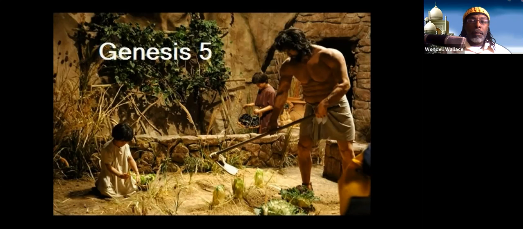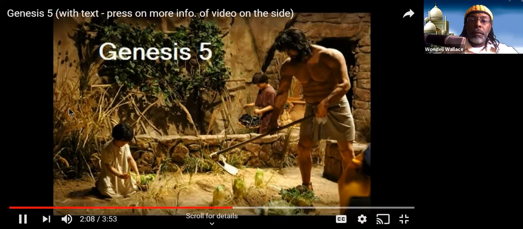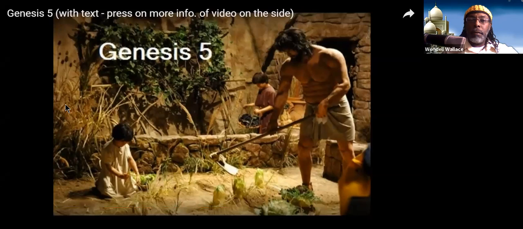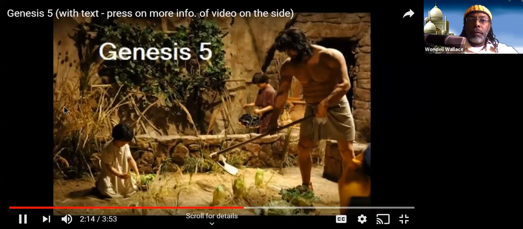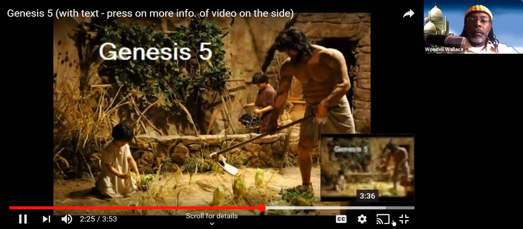When Jared had lived 162 years, he became the father of Enoch. After he became the father of Enoch, Jared lived 800 years and had other sons and daughters. Altogether, Jared lived a total of 962 years, and then he died. When Enoch had lived 65 years, he became the father of Methuselah.